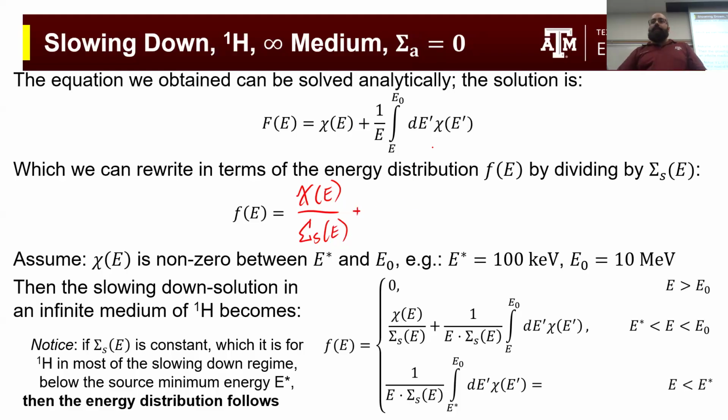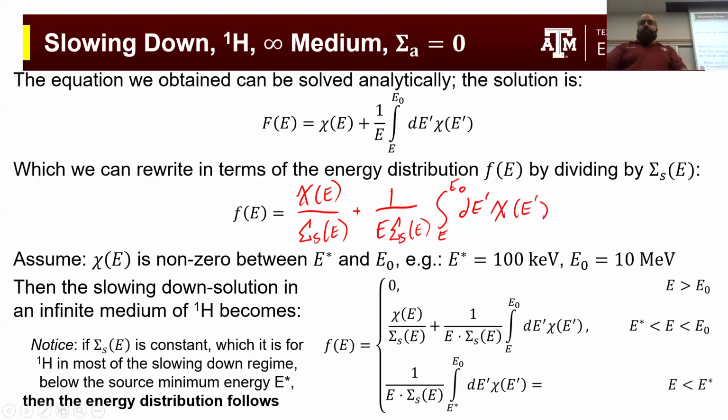And then dividing this term by sigma s of e just ends up being a constant multiplier that comes up front. So I'll have 1 over e times sigma s of e times that integral from e to e naught dE prime chi of e prime. So now this is my energy distribution for an infinite medium of hydrogen with no absorption.